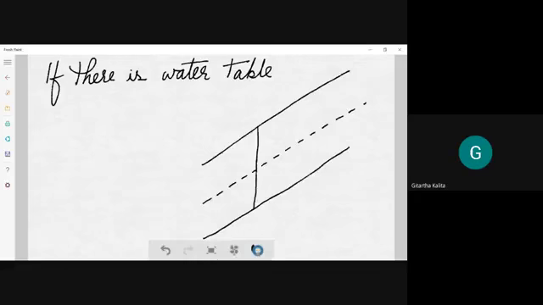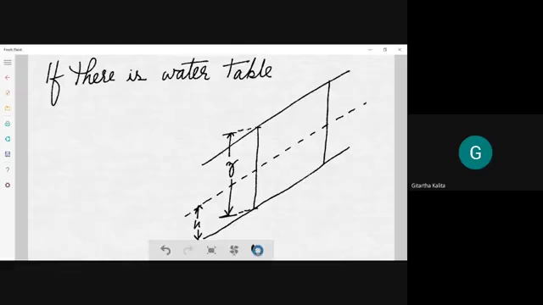Suppose the depth is Z, same way, the depth is Z. In the previous situation, we did not talk about any water table. So right now, let us take the situation of a water table.